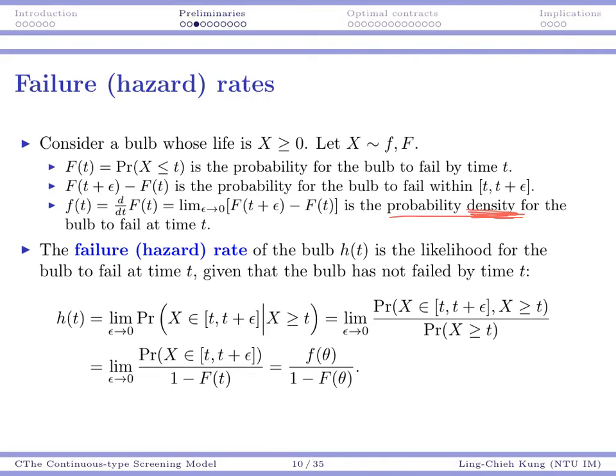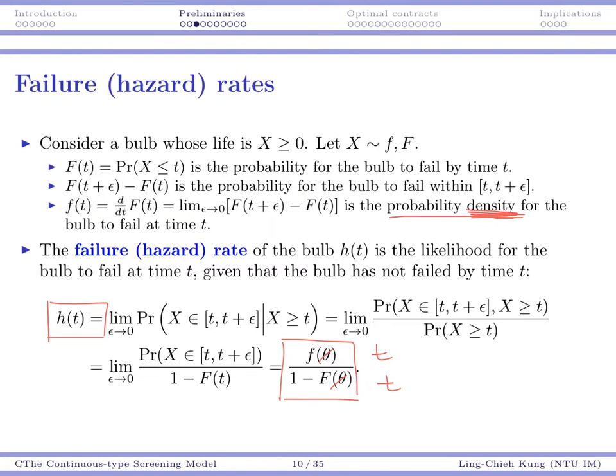So you get this, and when you take the limit, eventually the failure rate can be calculated as the ratio of small f of t over 1 minus capital F of t.